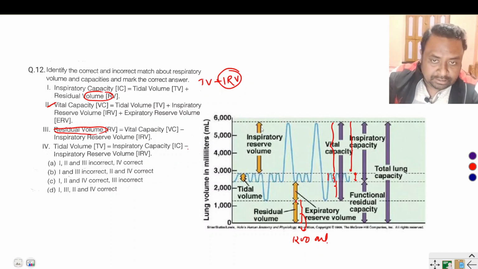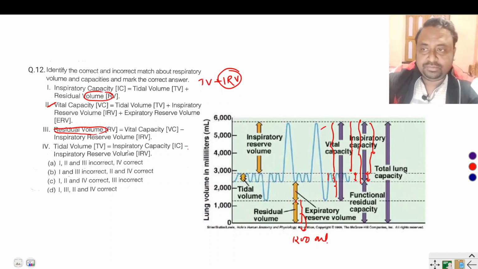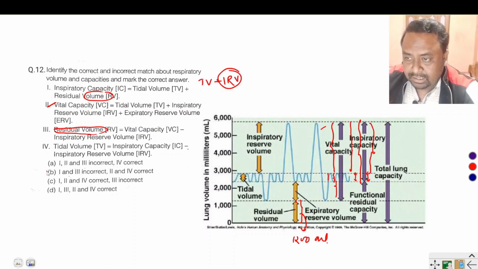That means this minus this. So this one is the tidal volume. So here B is the correct option.